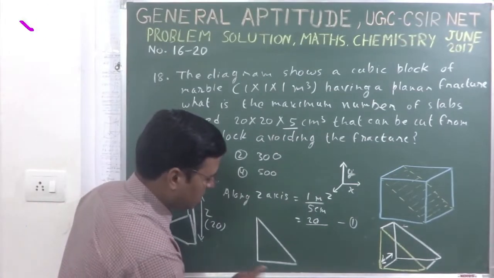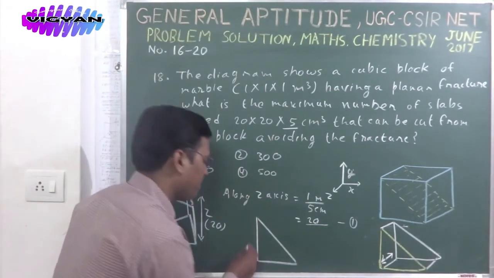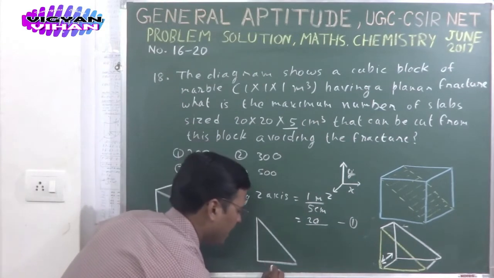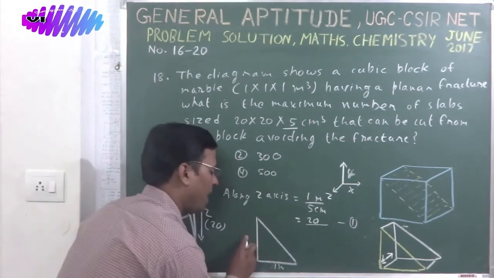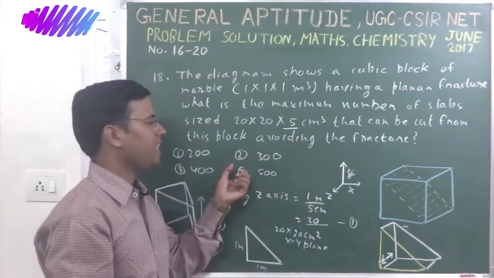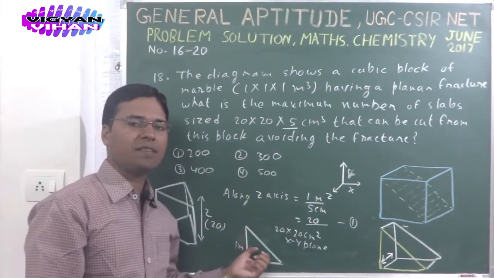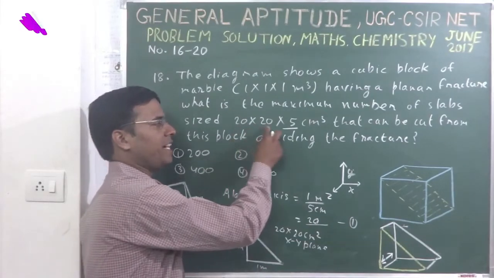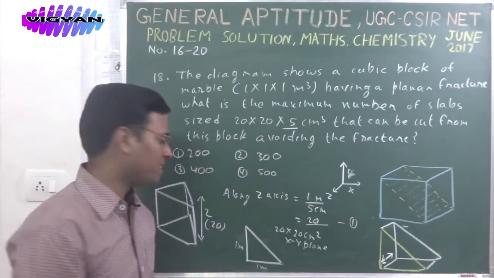This is a triangular shape which has a base length of 1 meter and a height which is also 1 meter, to be divided into square shaped segments of 20 by 20 centimeter square dimensions.